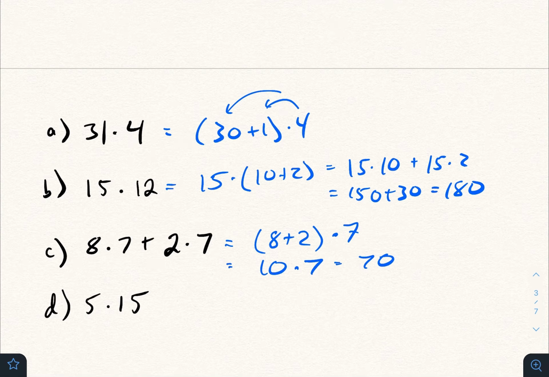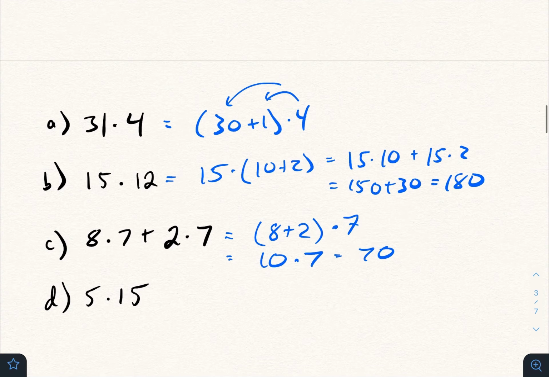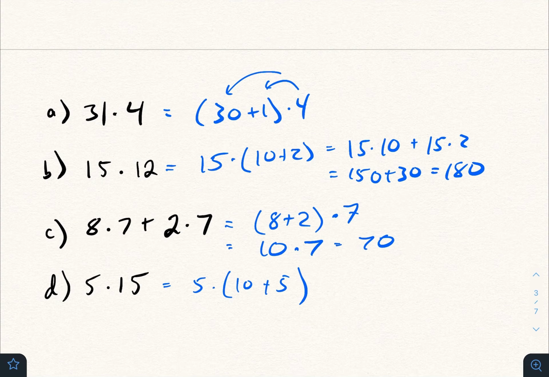5 times 15. This is a problem where the associative property is really useful. You could also use the distributive property again by maybe doing this as 5 times (10 plus 5). So this would be 50 plus 25, which is 75. But let's see how we can use the associative property to do this instead.